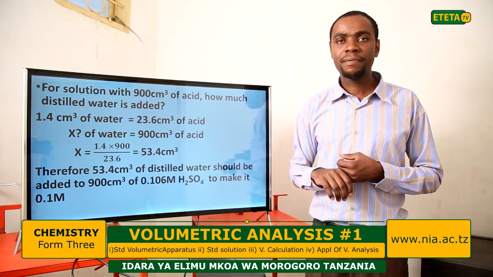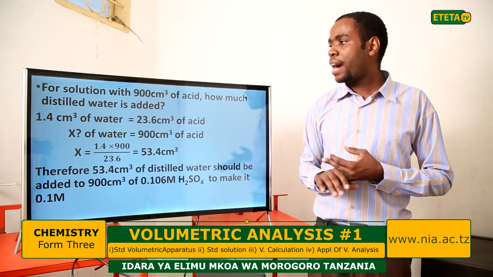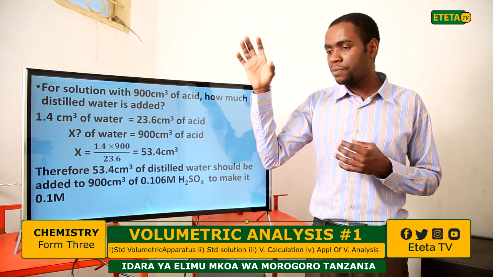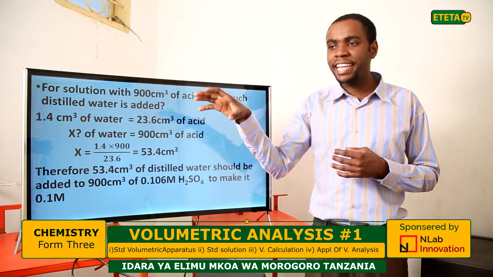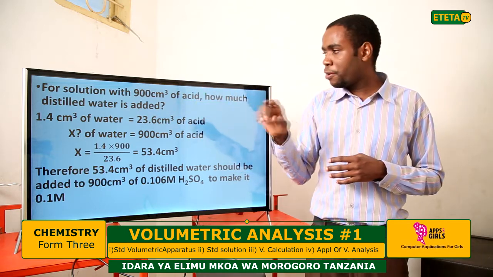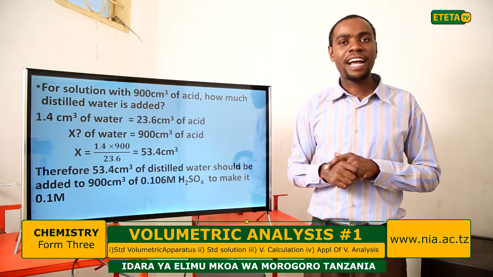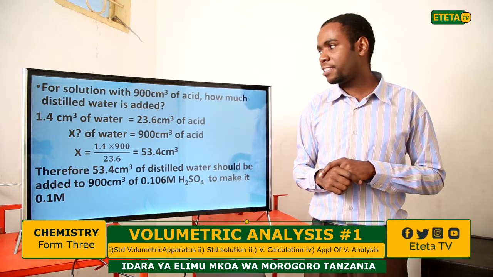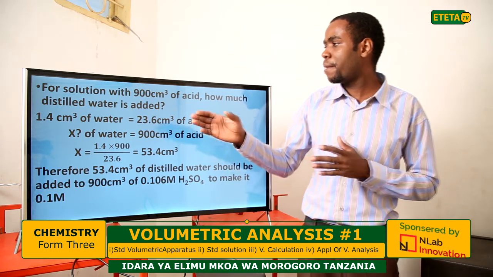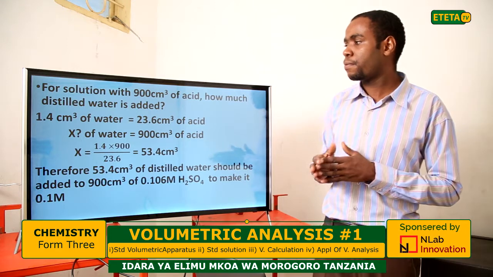Then after that, we look at how much amount of distilled water should be added in order to make that solution standard, that acid standard, from non-standard. Now it's a matter of using this relationship.